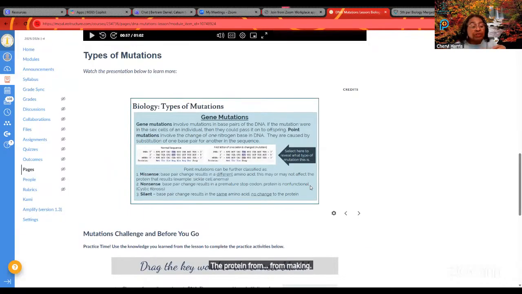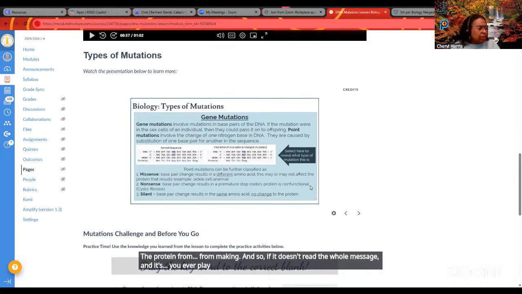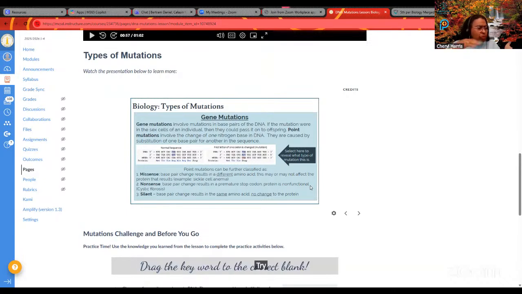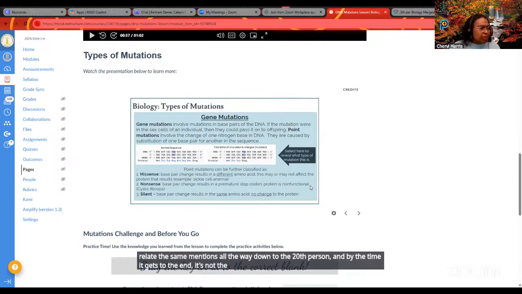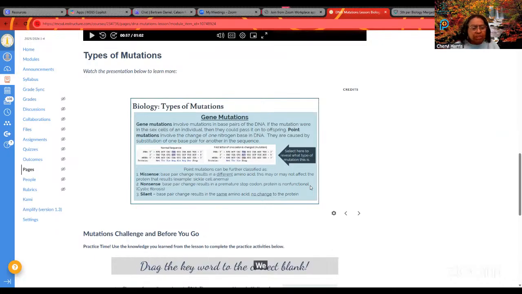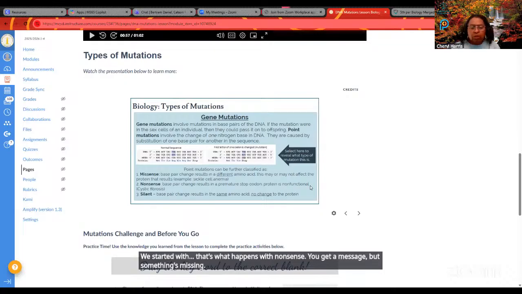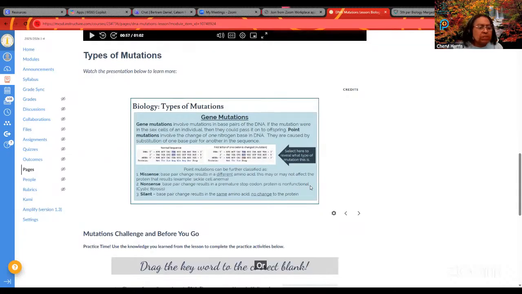And if it doesn't read the whole message, have you ever played telephone, where one person has to relate the same message all the way down to the 20th person, and by the time it gets to the end, it's not the same message we started with? That's what happens with nonsense. You get a message, but something's missing. It's shorter, it's longer, or it just doesn't make any sense at all. That's what happens with that.